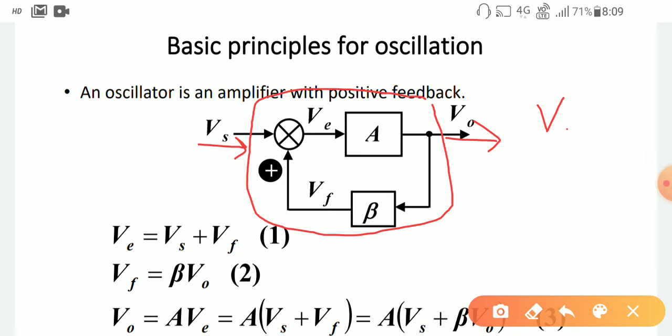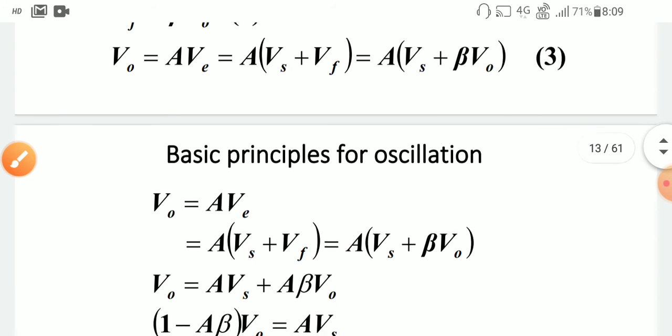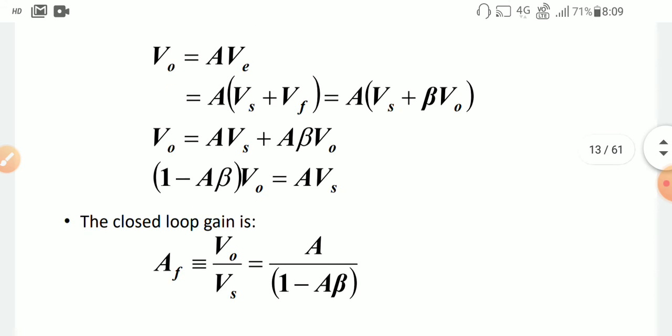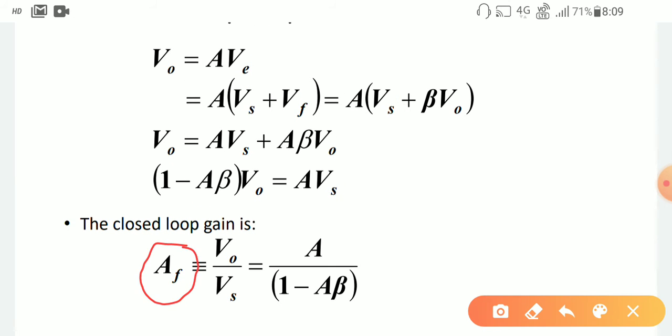Output is V of 0 and input is V of S. So we define the total feedback gain as V0 by V of S. To calculate this, we use the equation, so this will be A by 1 minus A beta.